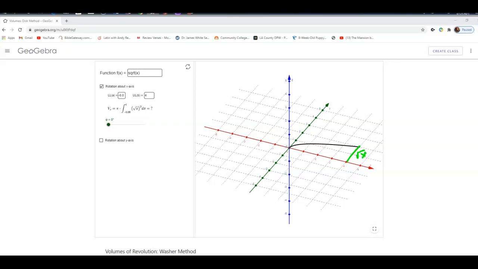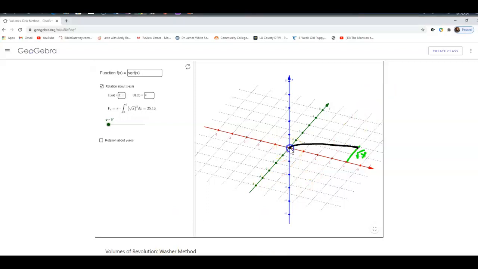Let me trace my shape here, because as soon as I do this, it's going to go away. So I'm going to put my curve there. Now, let's let that length right there be the radius of a circle.